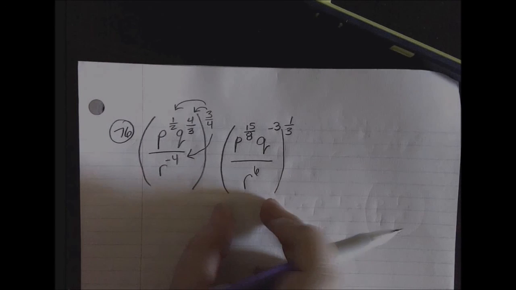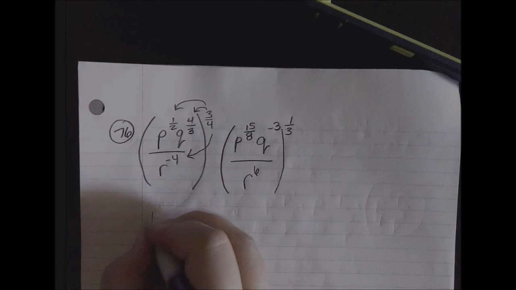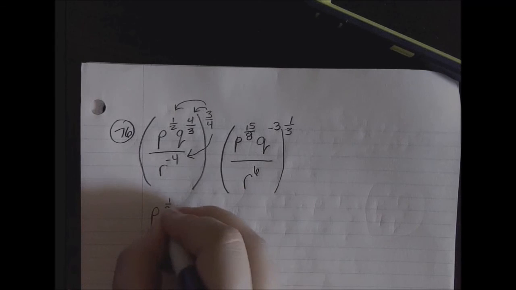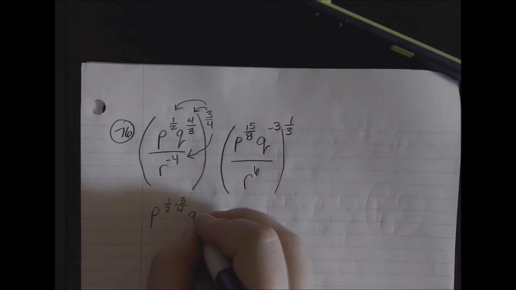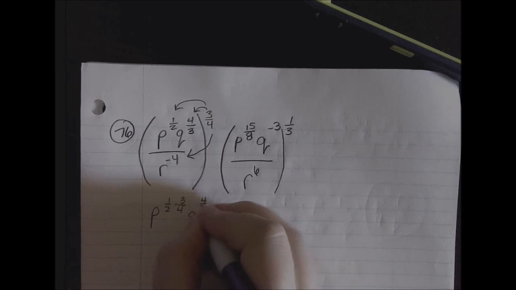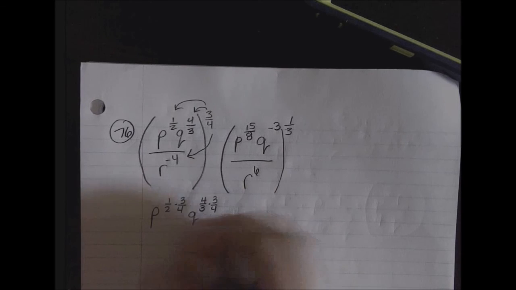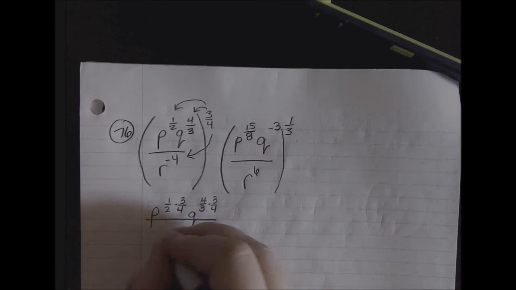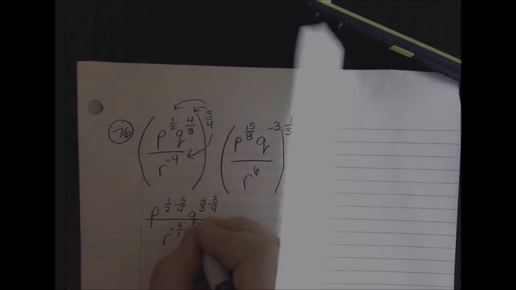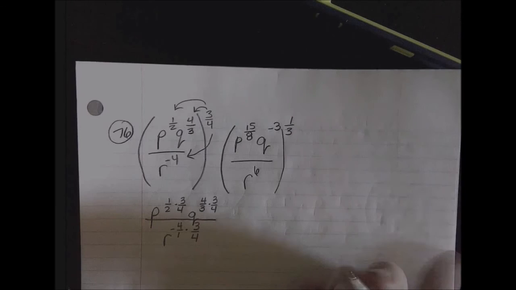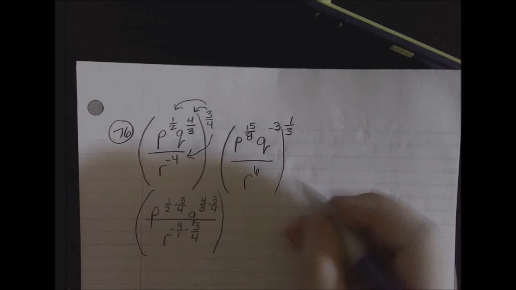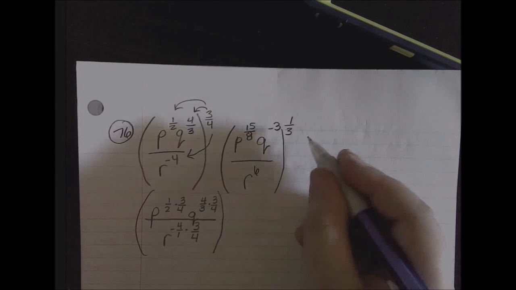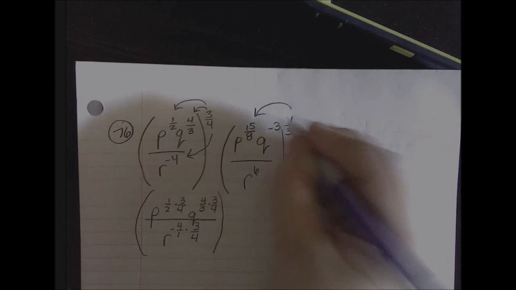That gives me p to the 1/2 times 3/4, q to the 4/3 times 3/4, over r to the negative 4 over 1 times 3/4. I'm going to put all of that in parentheses just so I can separate it from what I have going on here. Then I'm going to multiply this side by my 1/3.